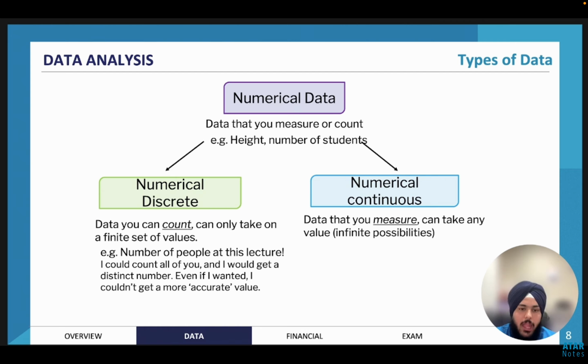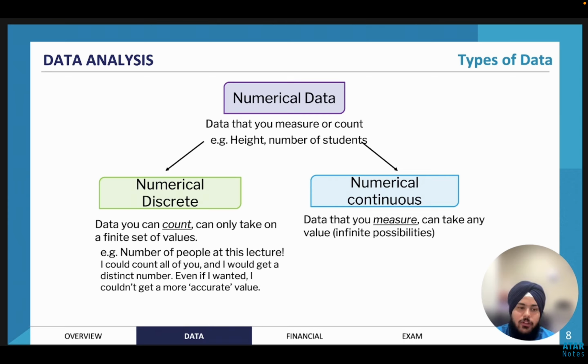For numerical continuous variables, however, it's usually variables that you measure. So for example, the height of all the students attending this lecture would be a continuous numerical variable, because I would have to measure the height. I can't count the height.